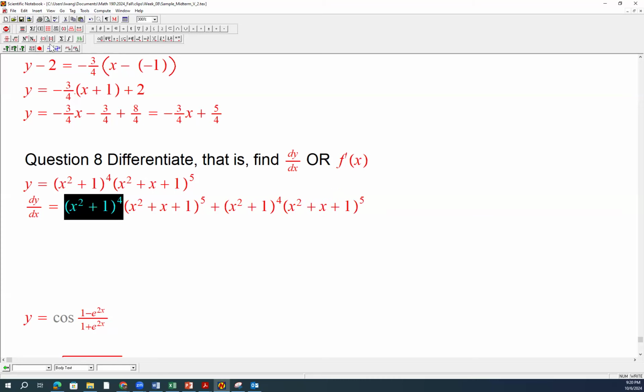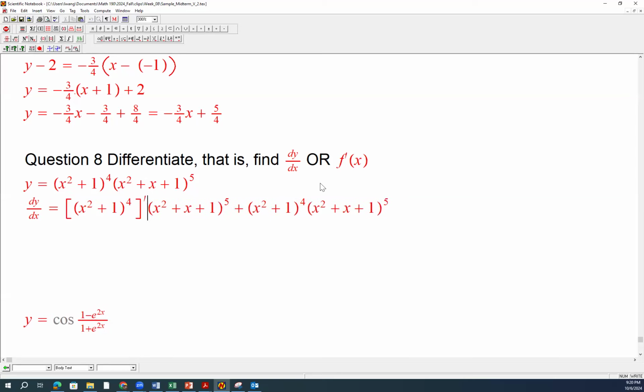So we differentiate that one, and we differentiate the other one. This way, you're guaranteed you're not going to miss anything. And then we keep going. This one unchanged, we're going to differentiate that part. So it's going to be chain rule.